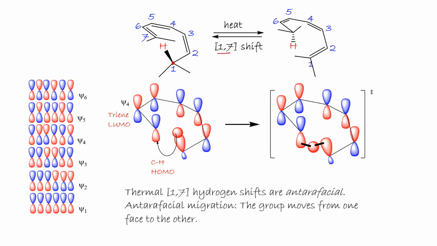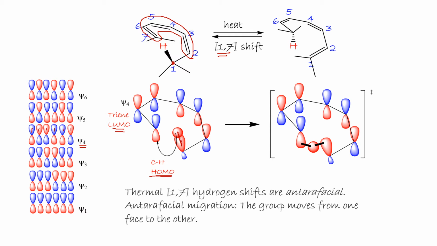In the case of the 1,7 shift, we have again the CH sigma bond as a HOMO. Then we have the triene system, with six molecular orbitals, psi 1, psi 2, psi 3, psi 4, and psi 4 here will be the triene LUMO, with faces red, blue, red, blue.